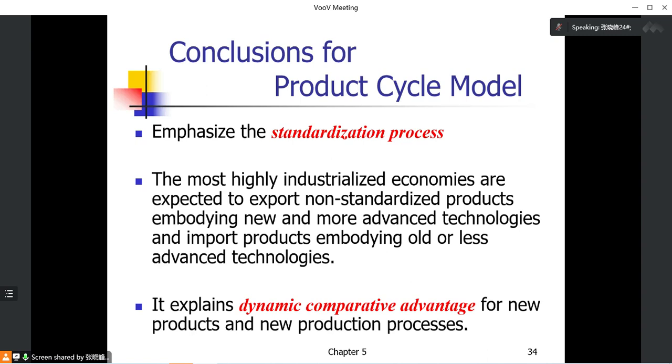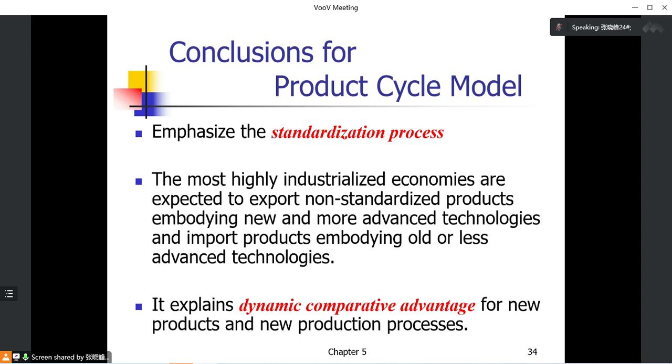We can use this to explain the trade between the developed nations and the developing nations. For example, the developed nations import raw materials and initial manufacturing industrial products from the developing nations, such as from Africa, Latin America and China.